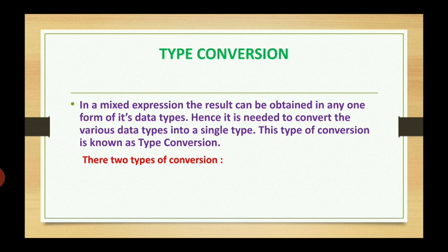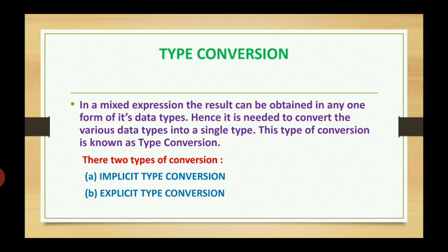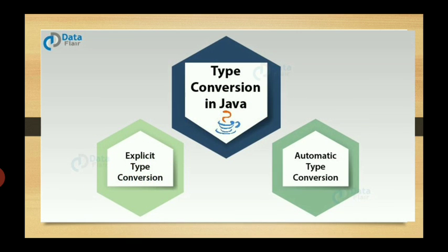There are two types of conversions: implicit type conversion and explicit type conversion. Okay, so type conversion in Java is of two types: explicit type and automatic or implicit type conversion.